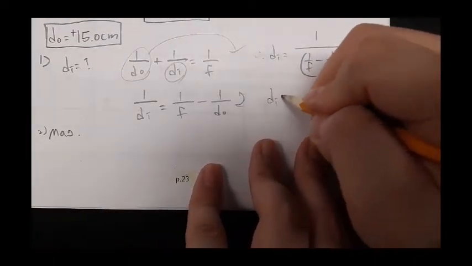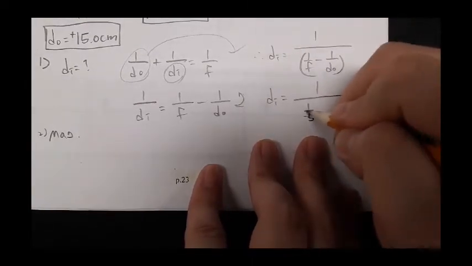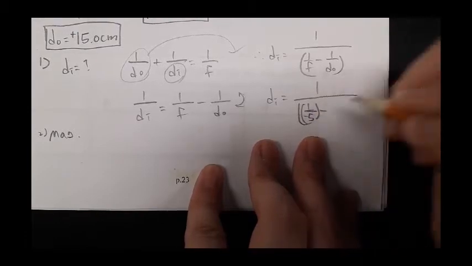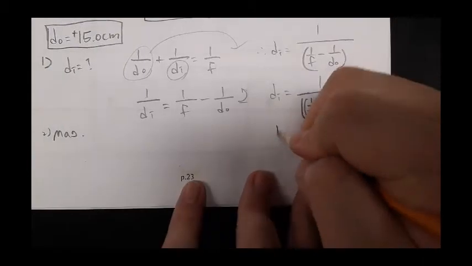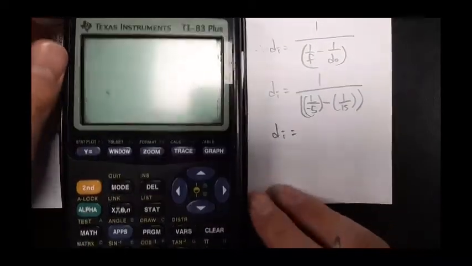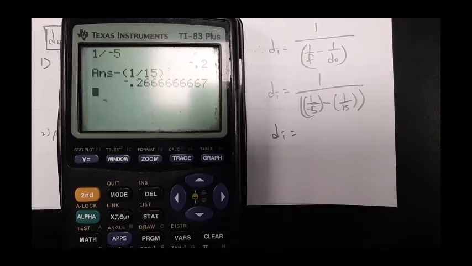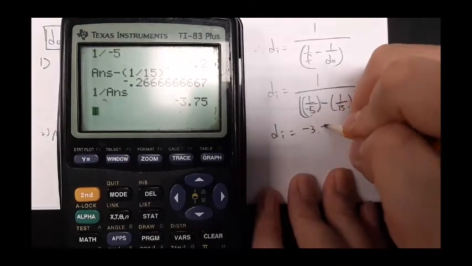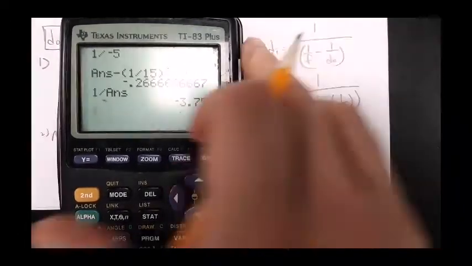Now, punch those numbers in, and don't forget your negative and positive sign. Negative 1 over 5 minus 1 over 15 will give me my DI. And now, calculator time. Let's do 1 over negative 5 first, which is negative 0.2, minus 1 over 15, and take the reciprocal of that answer: negative 3.75 centimeter is my image.